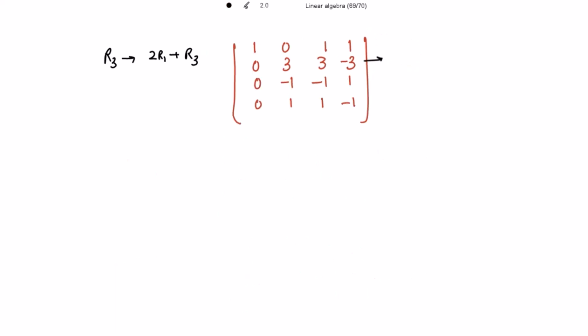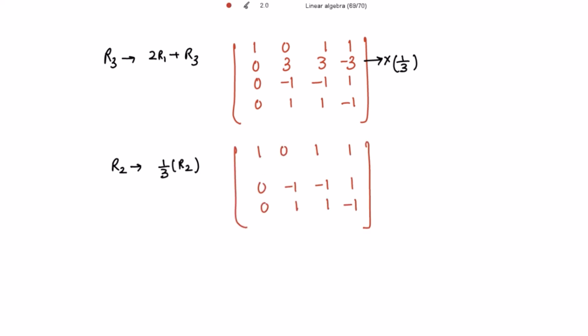Let me multiply the second row with 1 by 3. So changing row 2 and multiplying it with 1 by 3, we get 0, 1, 1, minus 1. Very fine. Now I got this identity matrix of order 2 over here, and I need all the rest of the elements to be 0.